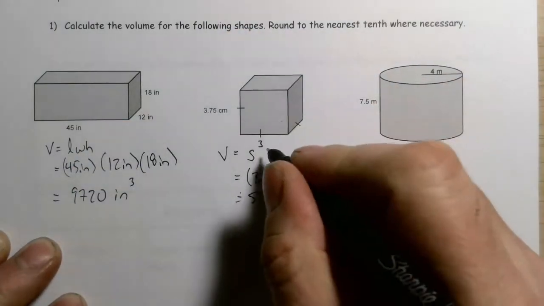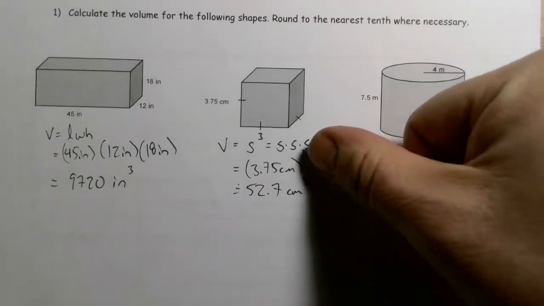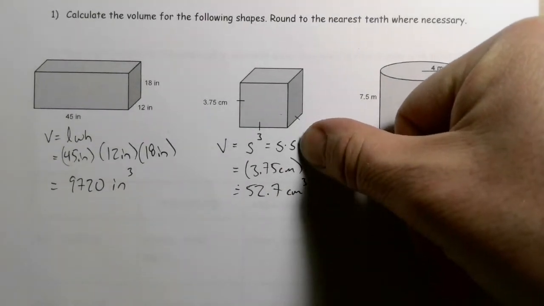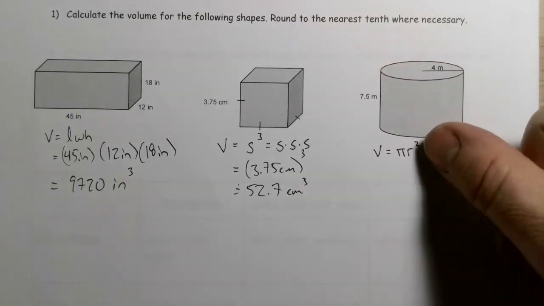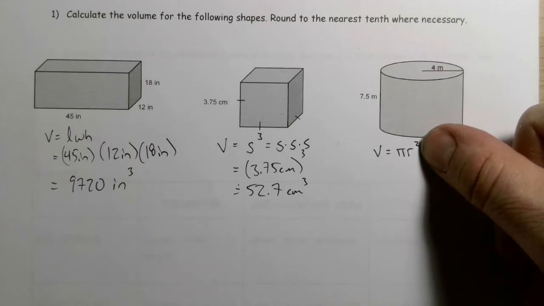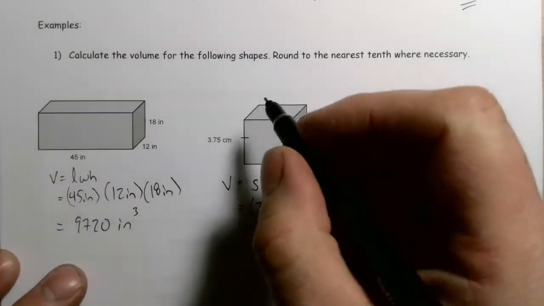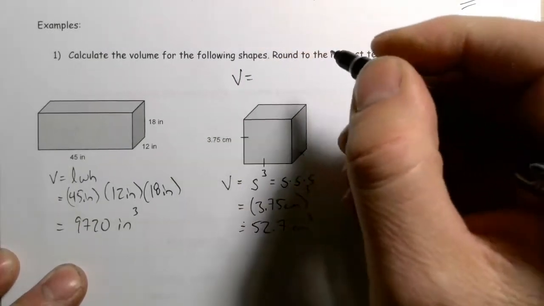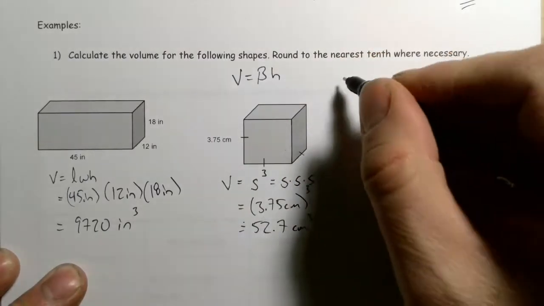Another way to think about a cube is side times side times side. The area of the base is side times side, and then we multiply it by the height, which is the same length as the side. Pi r squared is the area of the circular base, and then we multiply by the height. In most of these cases, volume is calculated by taking the area of the base and multiplying it by the height.